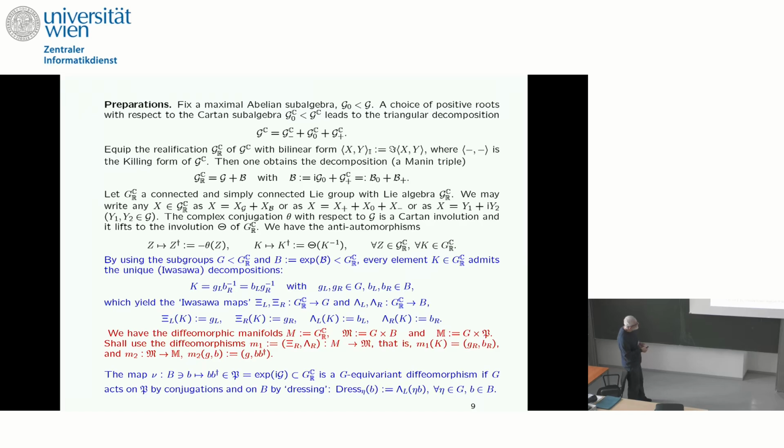Then there are these Iwasawa maps, the psi and lambda maps, written here. This will play a role. This Iwasawa decomposition is unique, and it gives a diffeomorphism from the complex Lie group onto these targets. Our phase space will be this complex Lie group regarded as a real Lie group, but we use three models of it. One model is just itself. The other is by the Iwasawa decomposition, G times B. And the other is that the B group is itself diffeomorphic to this space which I called P, and this diffeomorphism is the map B to B B dagger.